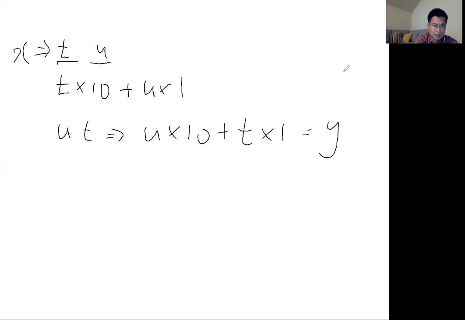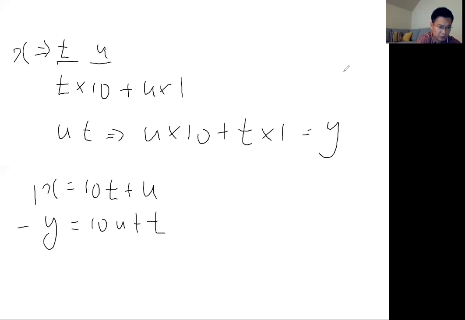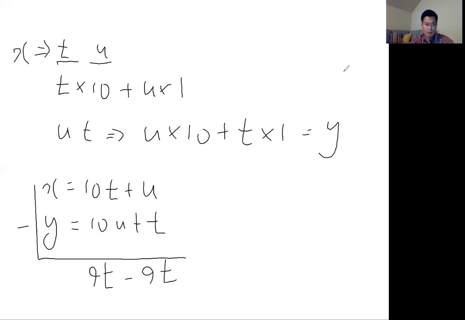And then the question is asking you x minus y. So x is now 10t plus u, and y is 10u plus t. If you subtract these two, it becomes 9t minus 9u. If it is in the actual test, and this is from the actual test as well, you probably have answer choices. But one thing that I can recommend is to come up with whatever number.